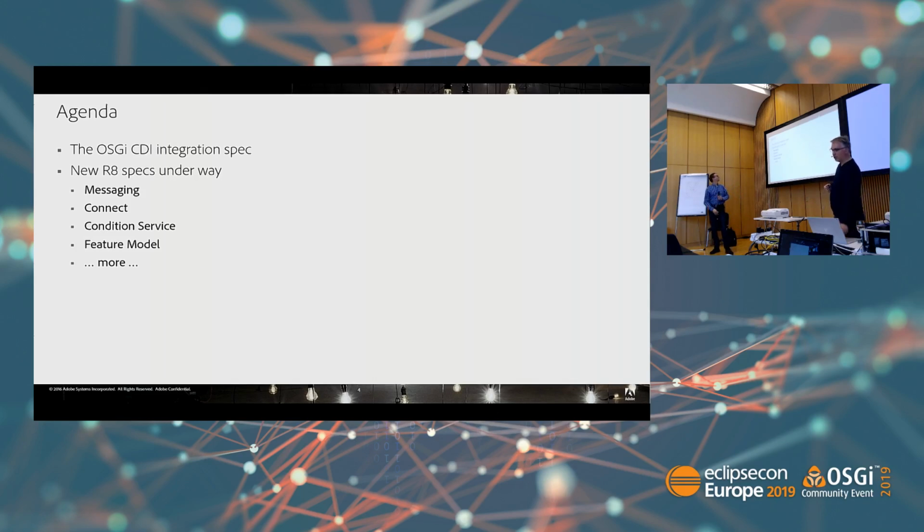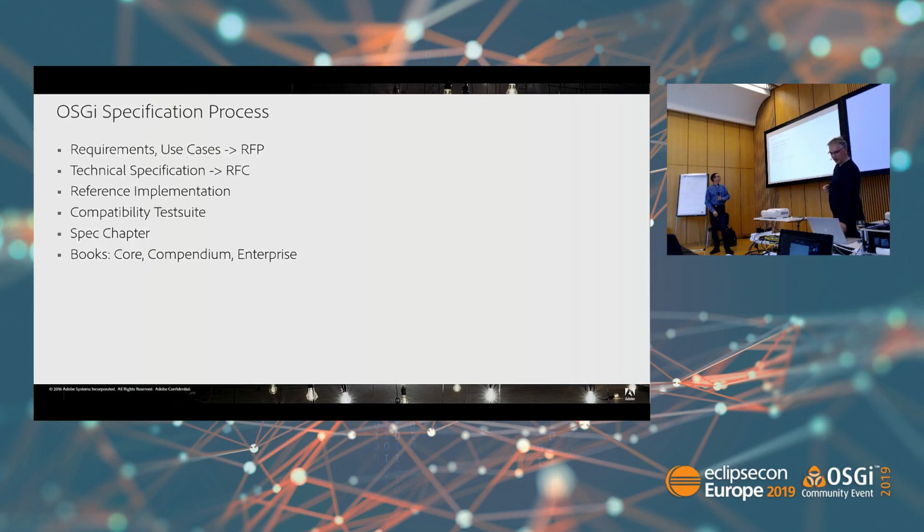Okay, but before going into that, I guess it makes sense for those who are not directly involved in the specification process at the Alliance to briefly give you an understanding of how it usually works, how we create specifications. So it usually starts with gathering requirements.